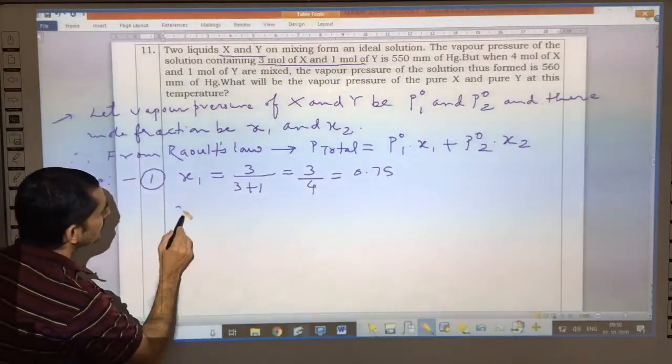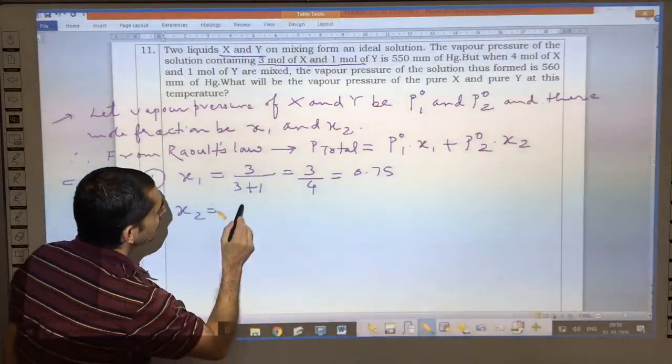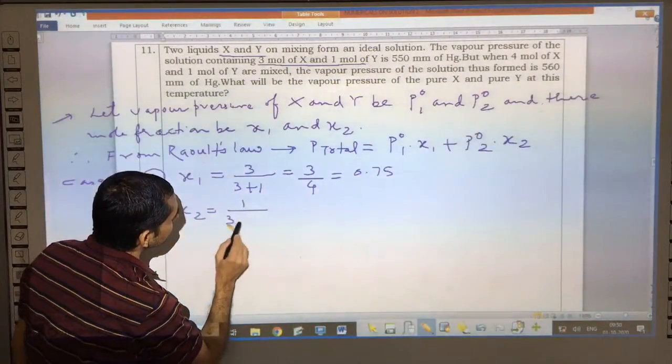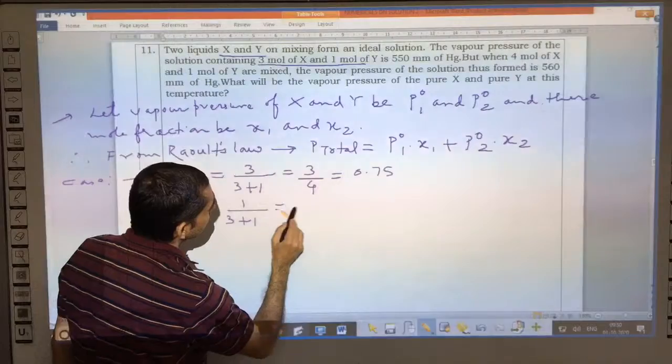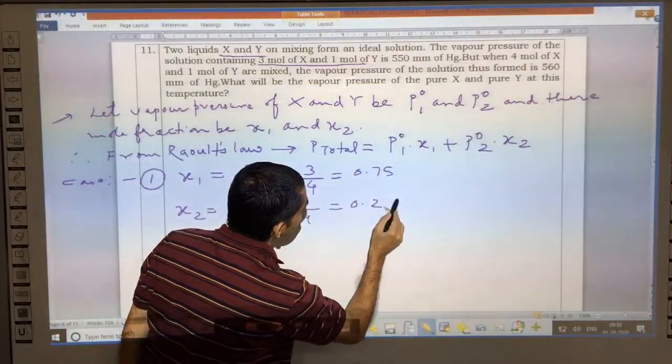Similarly, X2 is equal to 1 upon 3 plus 1, which is 1 upon 4, this will be 0.25.